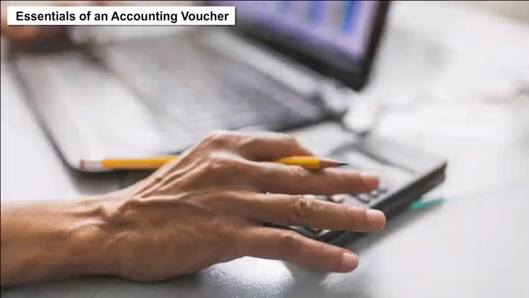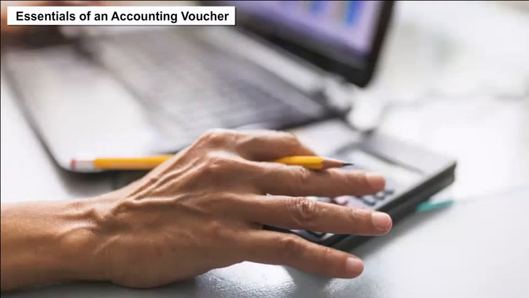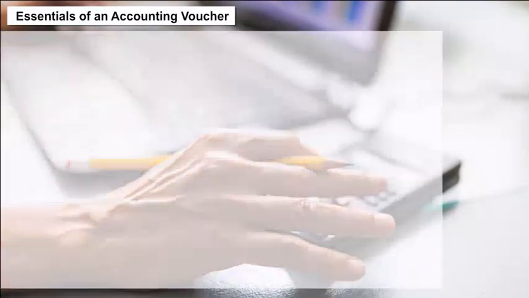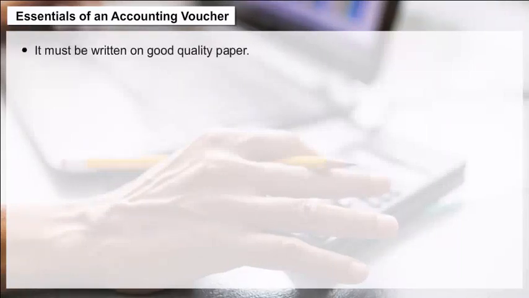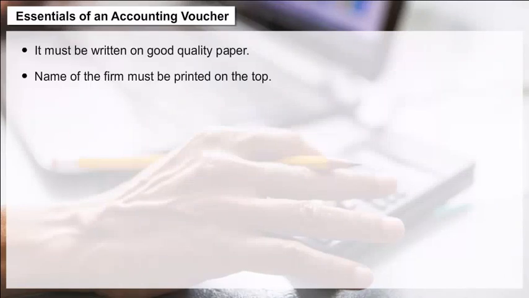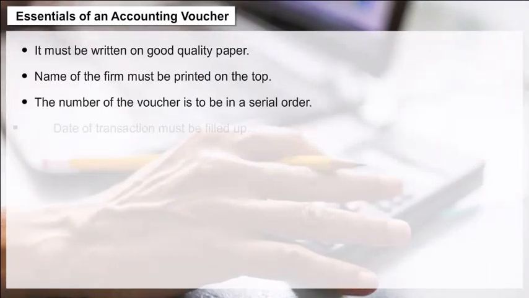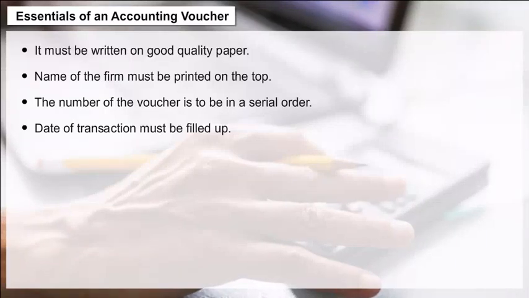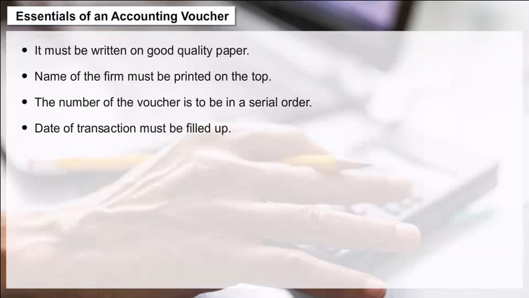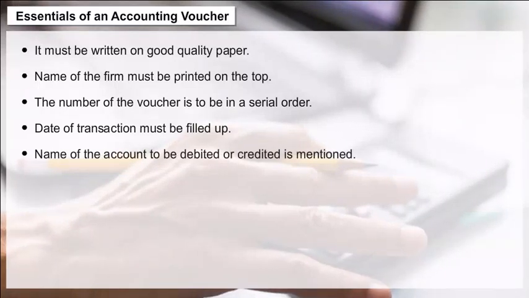Essentials of an accounting voucher. An accounting voucher must contain the following essential elements. It must be written on good quality paper, the name of the firm must be printed on the top, the number of the voucher is to be in serial order, and the date of transaction must be filled up against the date, not the date of recording of the transaction. The name of the account to be debited or credited is mentioned.